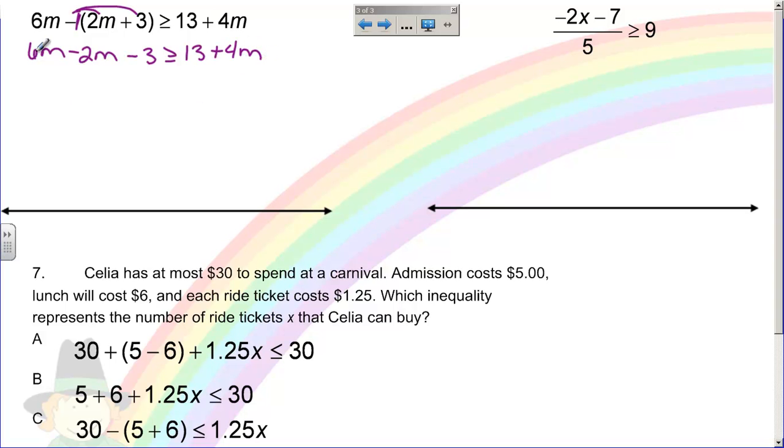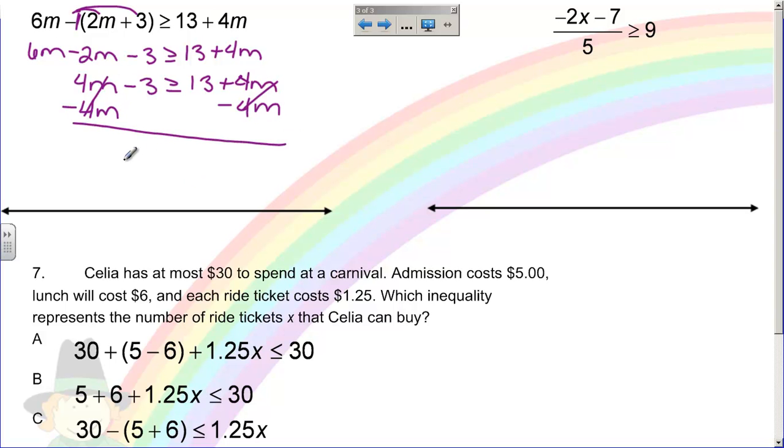So let's put like terms together. 6m minus 2m is 4m minus 3. It's greater than or equal to 13 plus 4m. Well, if I go and subtract 4m from both sides, your m's cancel, but I want you to look at something.